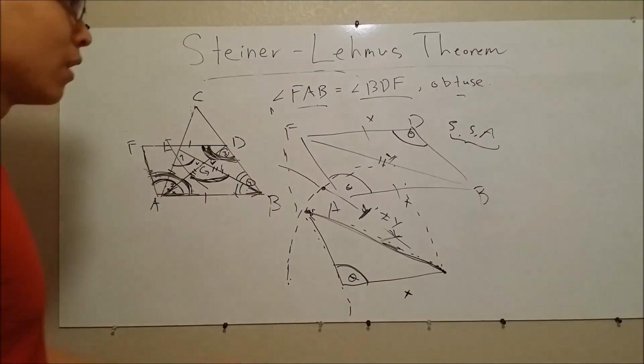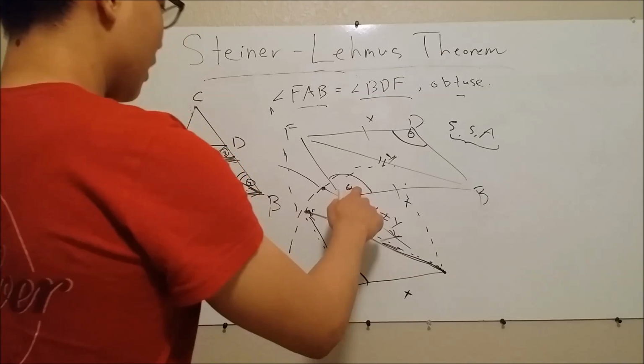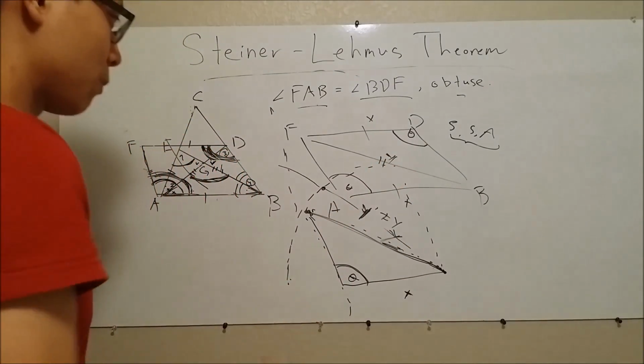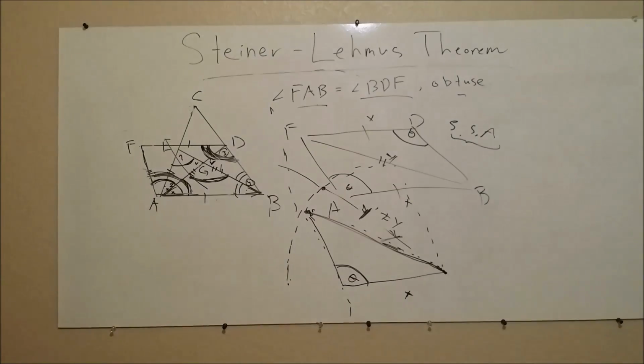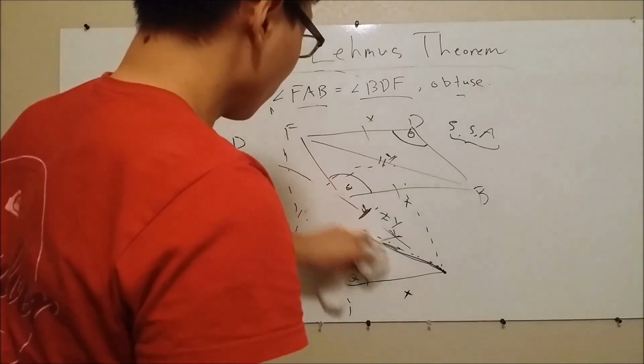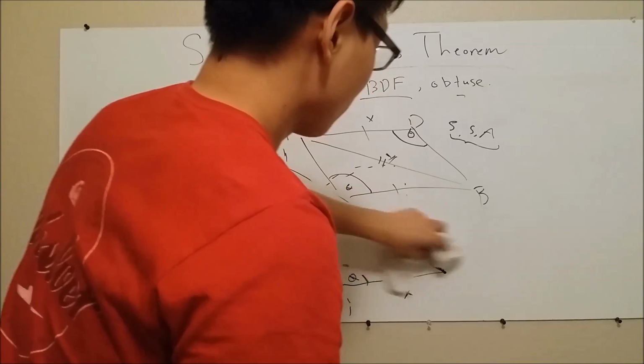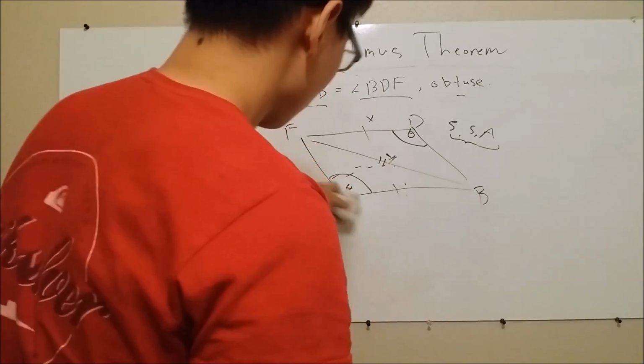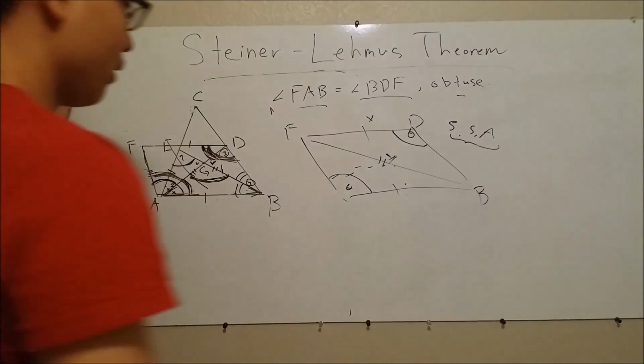That's what uniqueness is. There's only one triangle that has an obtuse angle, some length, and another length, right? And so it's a little convoluted, but what we've proved is pretty simple, right?